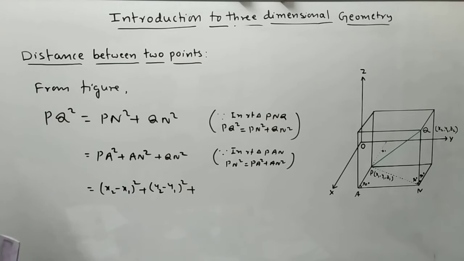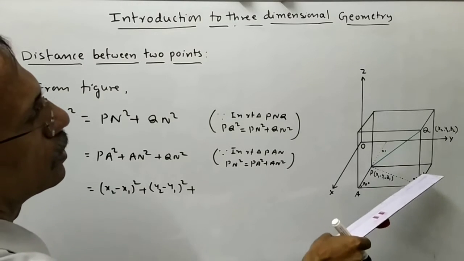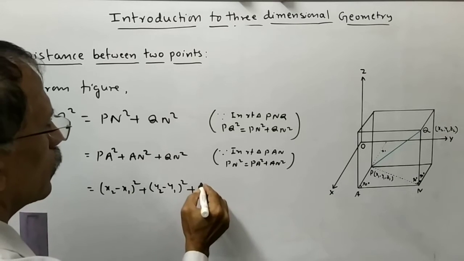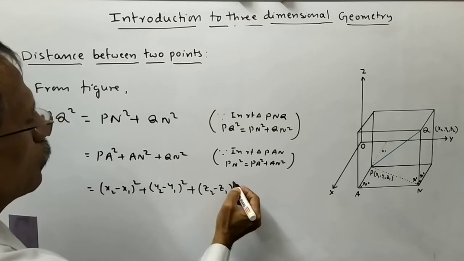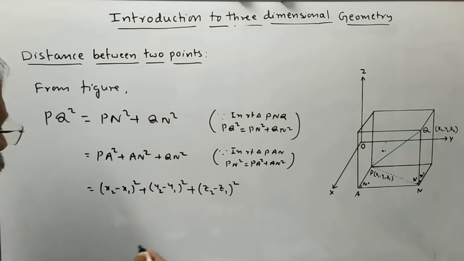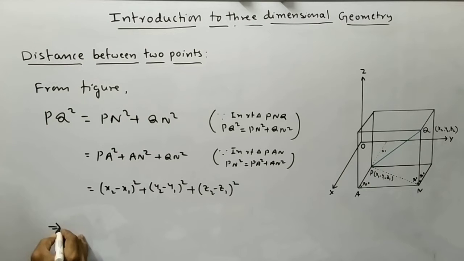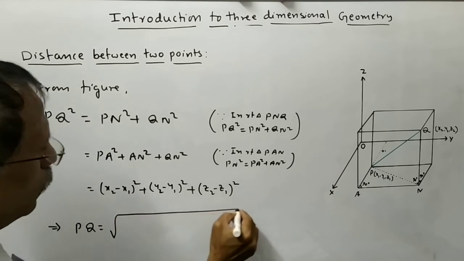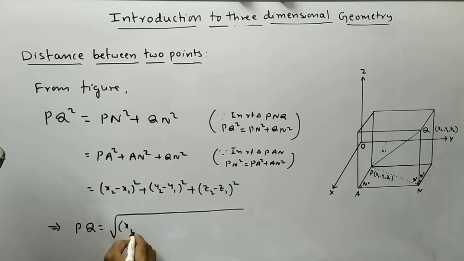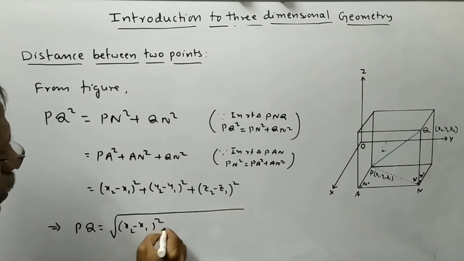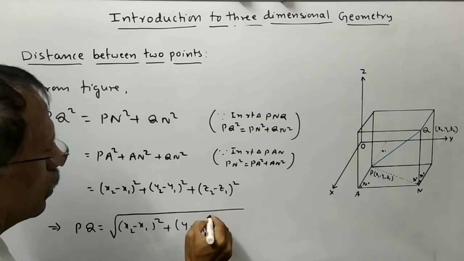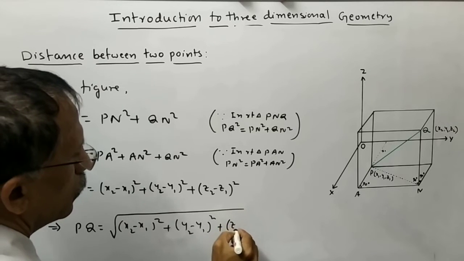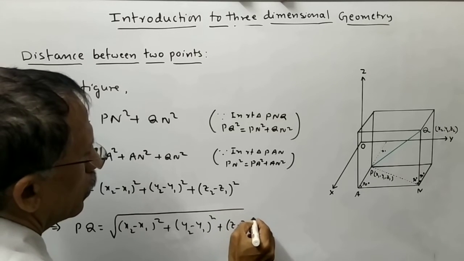Similarly QN is z2 minus z1, therefore QN square is equal to z2 minus z1 whole square. This implies PQ is equal to square root of x2 minus x1 whole square plus y2 minus y1 whole square plus z2 minus z1 whole square.